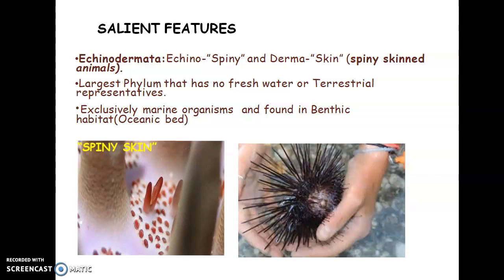The word Echinodermata comes from two Greek words, echino and derma. Echino means spiny and derma means skin. So all the members are popularly known as spiny skin animals. As you can see in these two pictures, these are the external morphology of the organisms coming under this phylum.